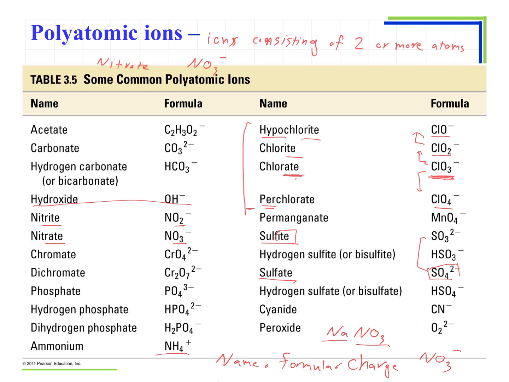The other thing you need to know is when we are adding hydrogen, H+. For example, look at sulfate. We have sulfate as SO4 2-, then we add an H+. So when you're adding H+, the charge becomes 1-, and then you have HSO4.